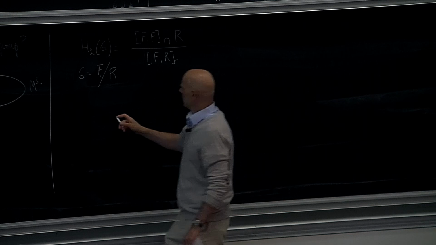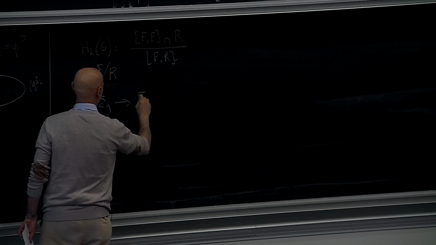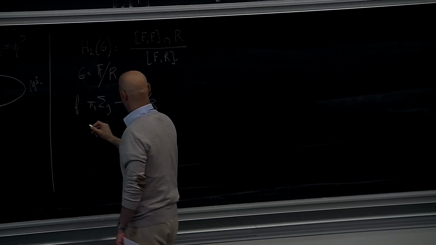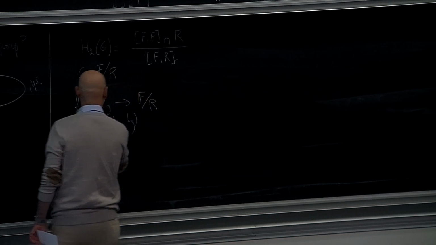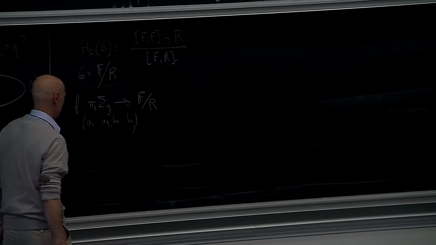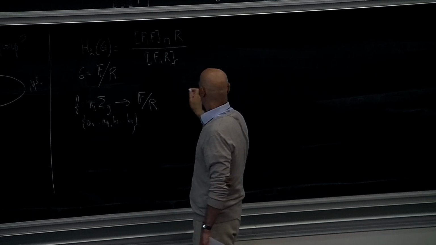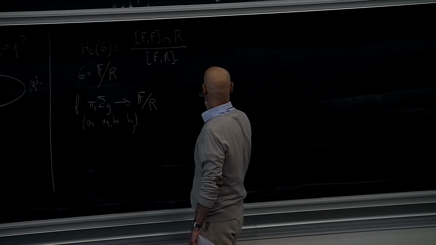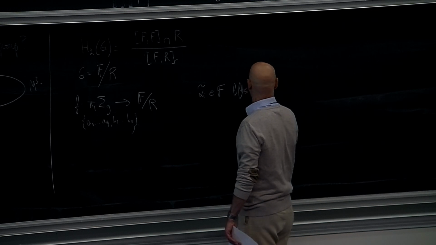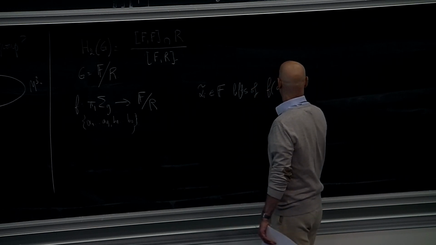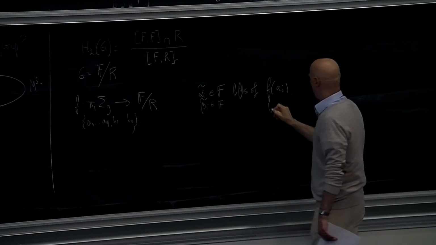So if you have a map from pi 1 of sigma G into F divided by R, you take here a1, ..., aG, b1, ..., bG, one of the usual generator systems. Then you take lifts alpha i tilde in F, lifting of f of a i, beta i tilde, lifts of f of b i.